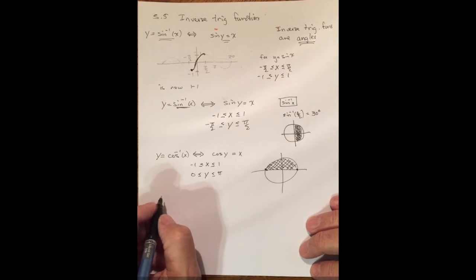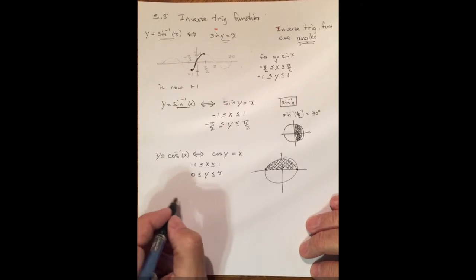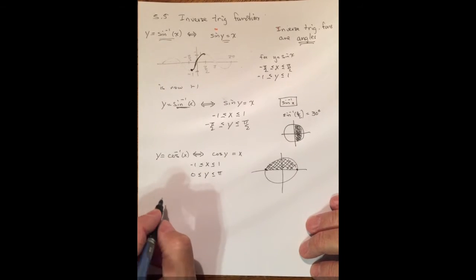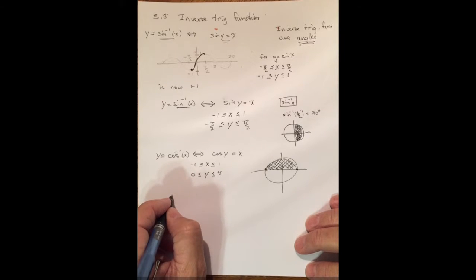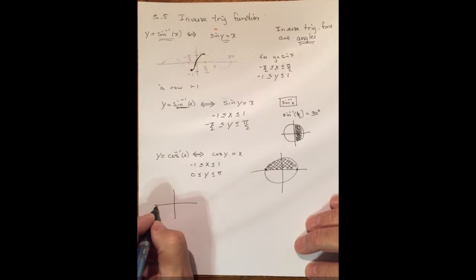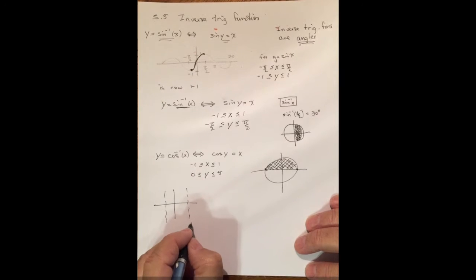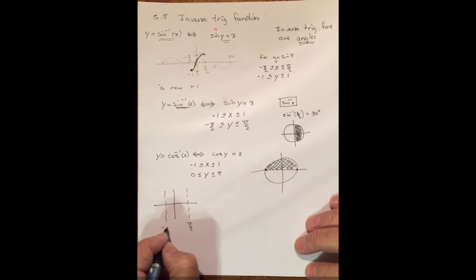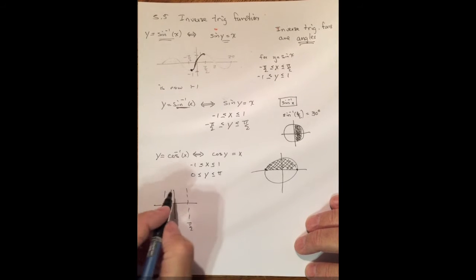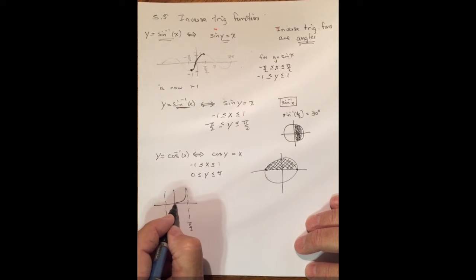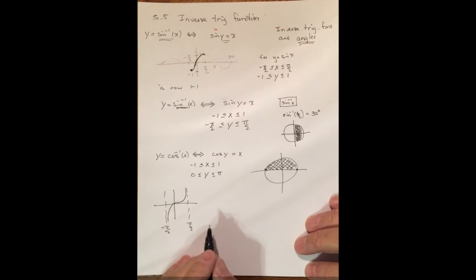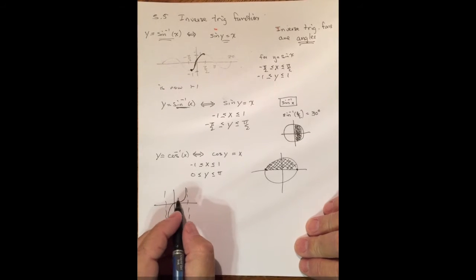And finally, what we do for the tangent function, we take what a lot of books call the principal branch. Now I'm drawing the tangent function, and I'm drawing what's called the principal branch between minus pi over 2 and pi over 2. And remember, the graph of the tangent looks like this. Now let's just make some observations.